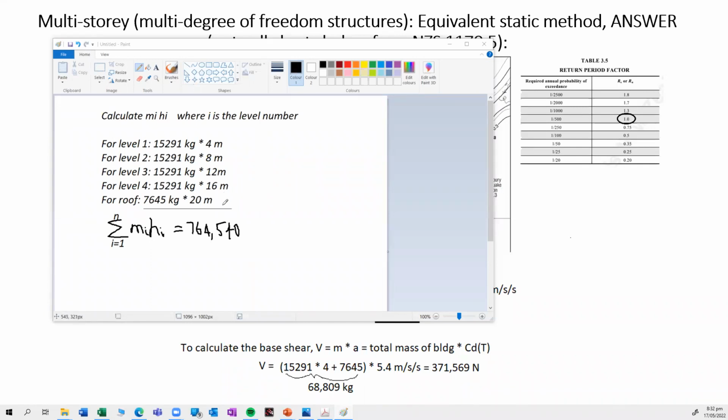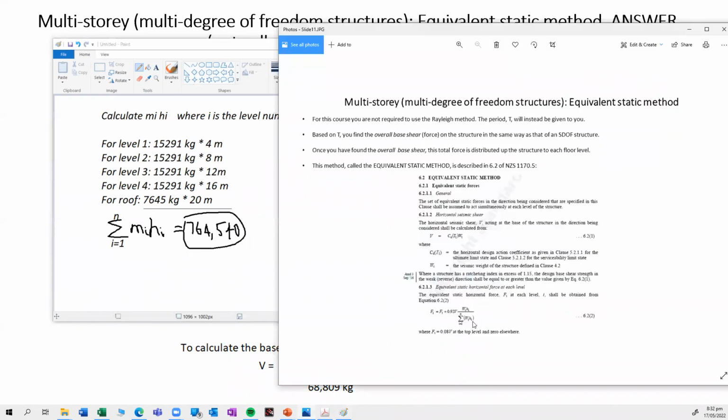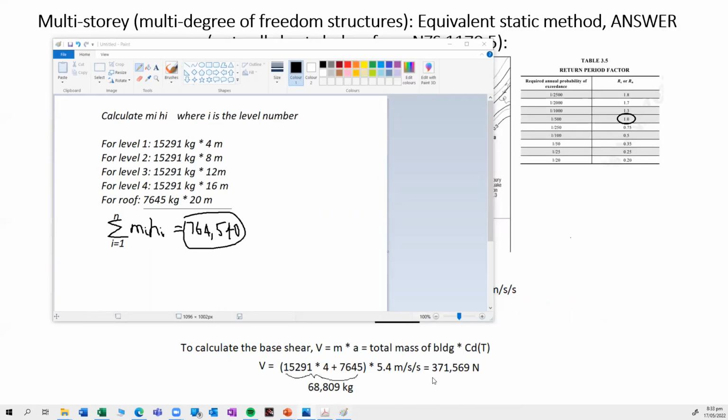So I work out the sum of MiHi is this here. That's that value there. I know in the code it goes WiHi, but we can just use MiHi because this is just a ratio, so all the G's divide out anyway. Now this gives you a ratio. You've got your total V of 371,569.